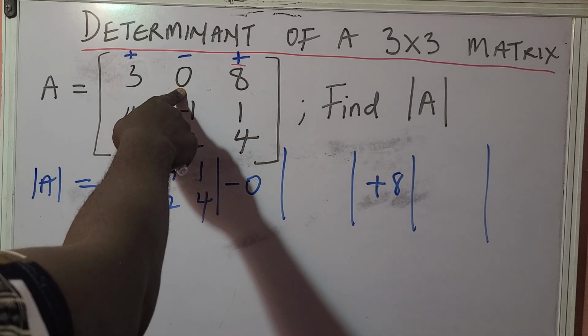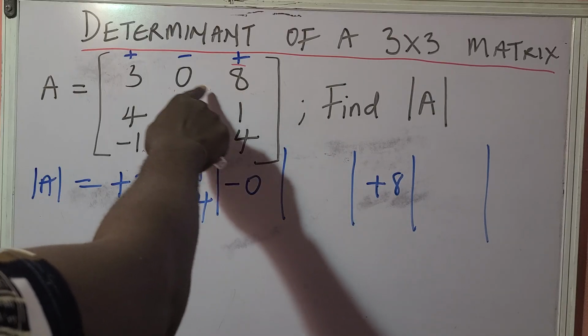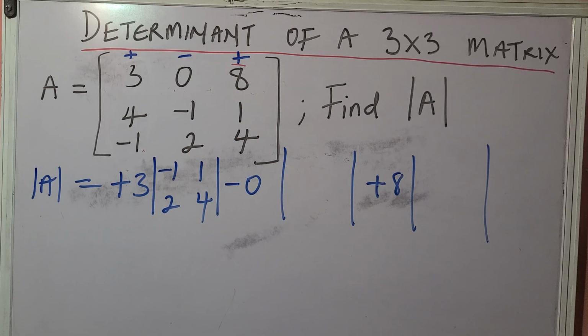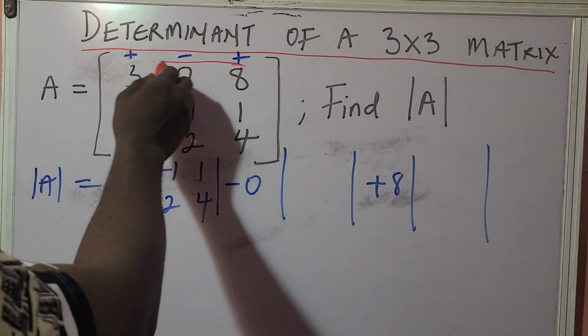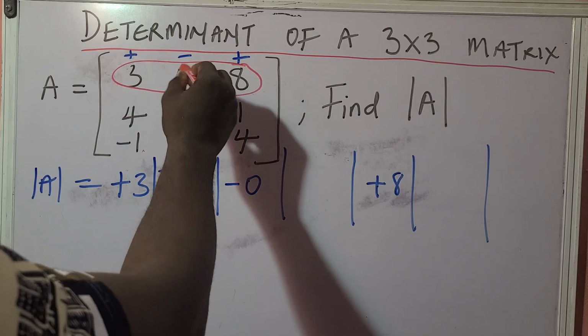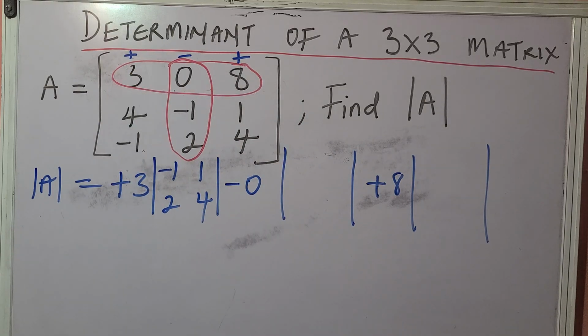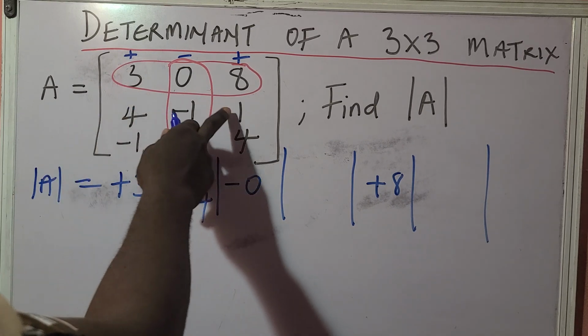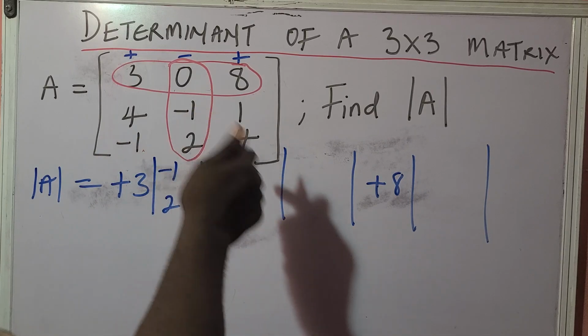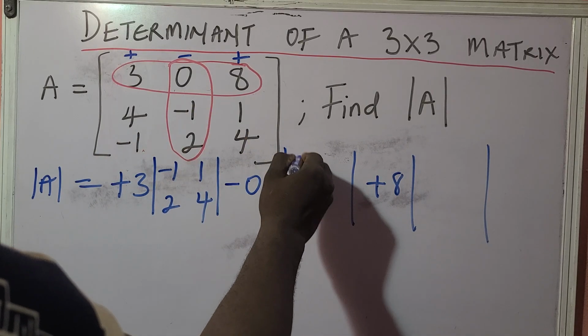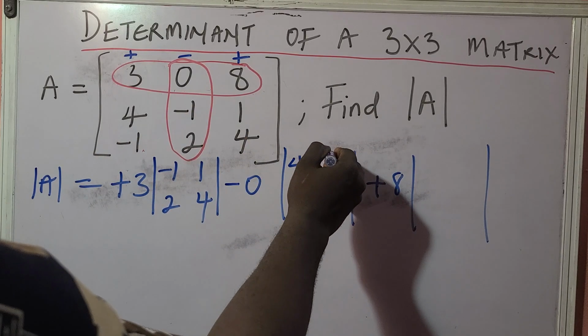Since 0 is in row 1, column 2, we'll be shutting off the entire row 1 and the entire column 2. So if you see right there, the matrix we will be left with will be 4, 1, minus 1, 4. So you write that inside the determinant braces here.